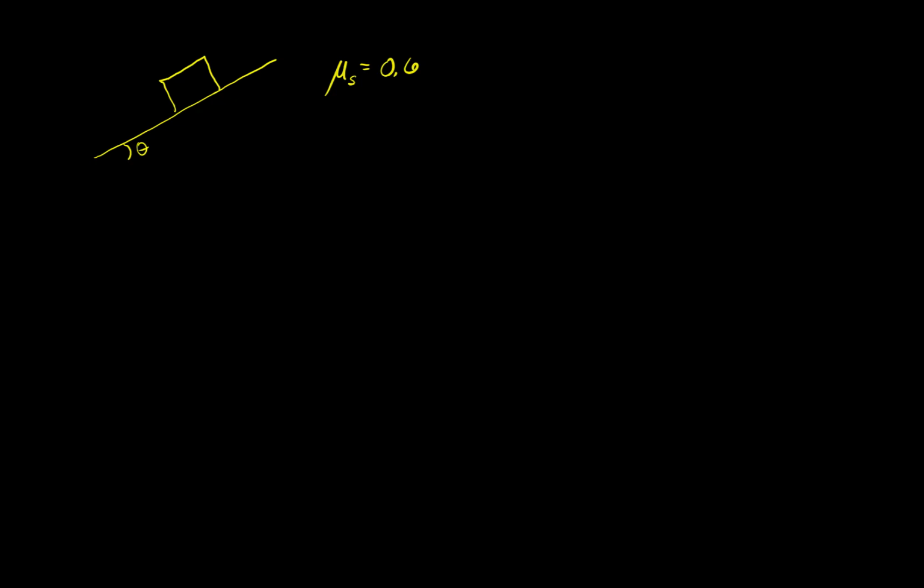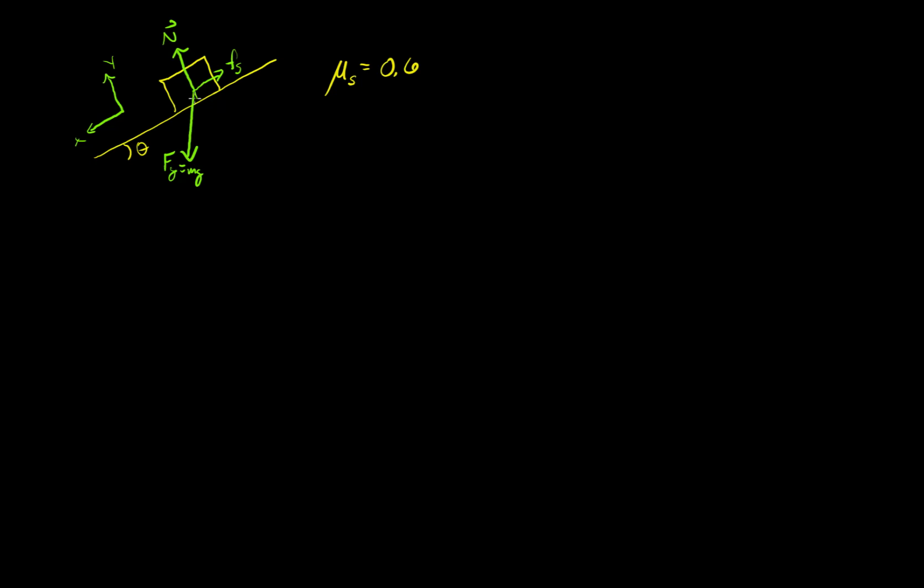So again, the first thing we do is our force diagram. So you have the force of gravity, or the weight, which is always mg. And then you're going to have the normal force this way. And then you're going to have static friction working this way. And then I'm going to go ahead and draw my xy. So I'm going to do x is down the ramp and y is perpendicular to it.